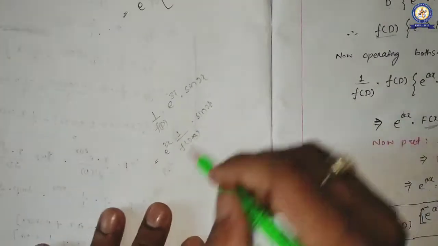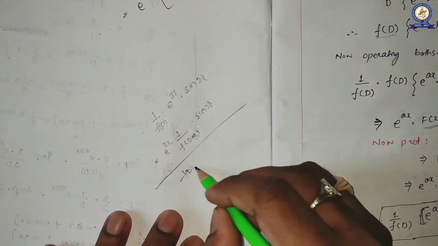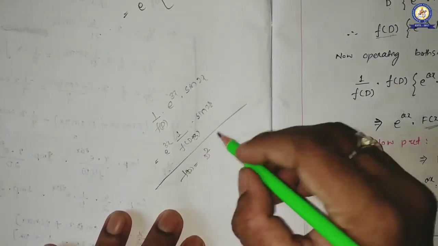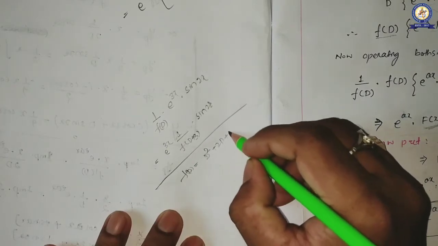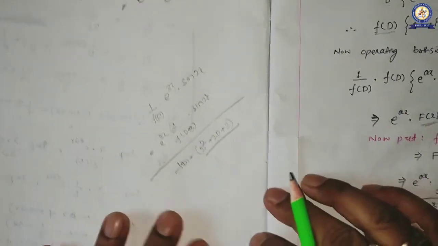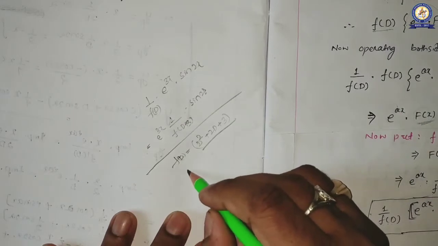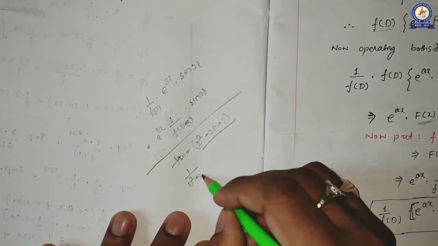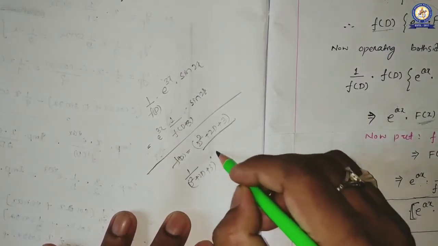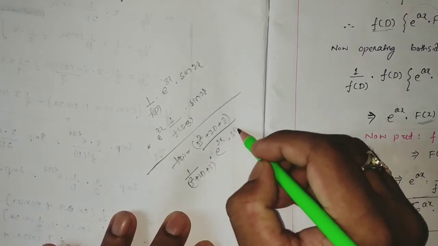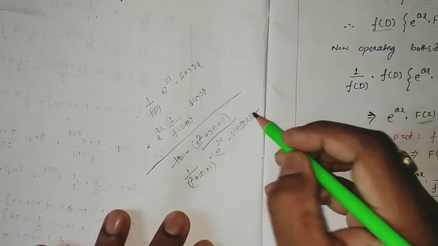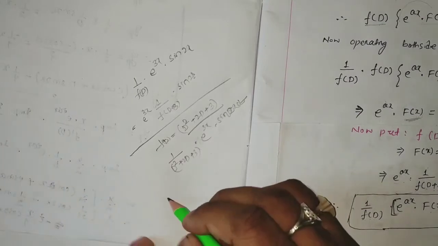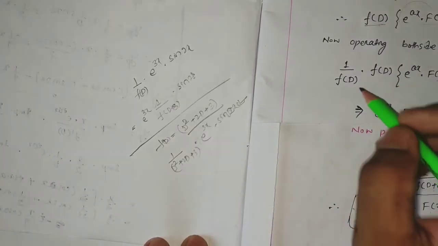That means, suppose f of D is nothing but D square plus 2D plus 3. So what will it be? 1 by D square plus 2D plus 3 into e to the power 3x into sine 2x. Then the first step will be by this rule 4.